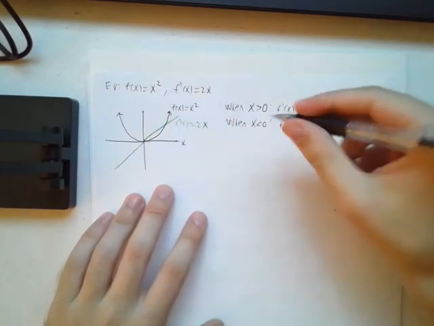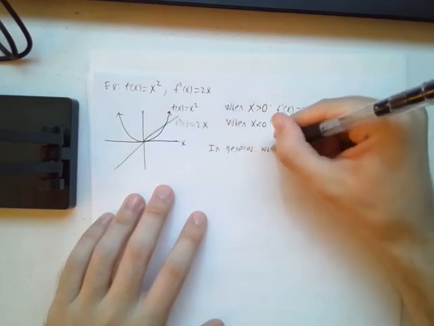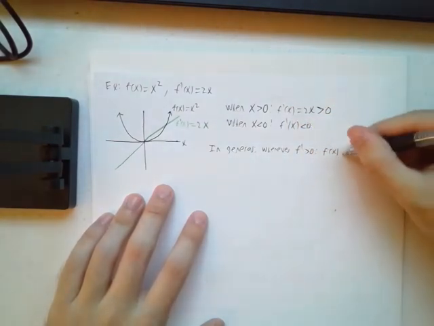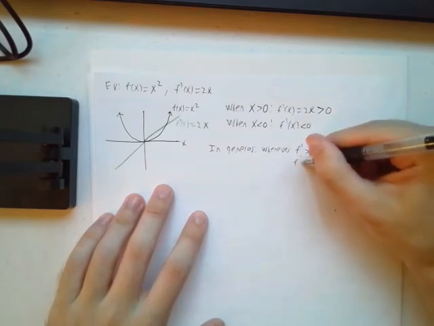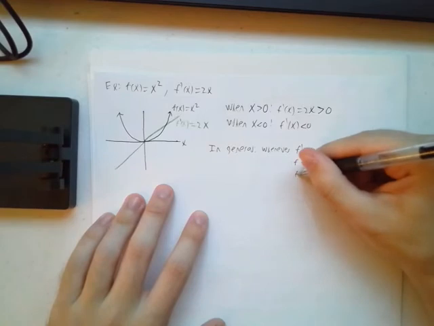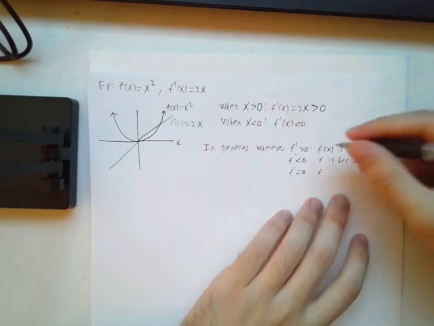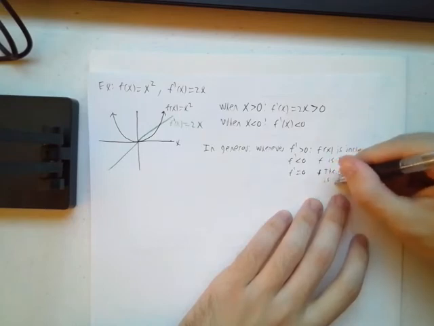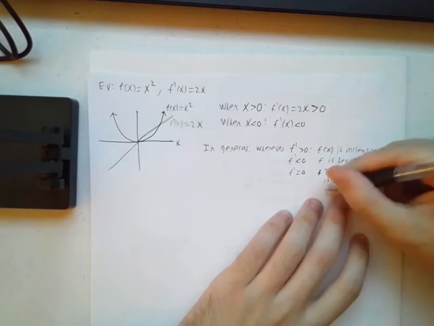So whenever f prime is greater than 0, f is increasing. Whenever f prime is less than 0, f is decreasing. And whenever f prime equals 0, the graph of f is flat, or f is neither increasing nor decreasing.